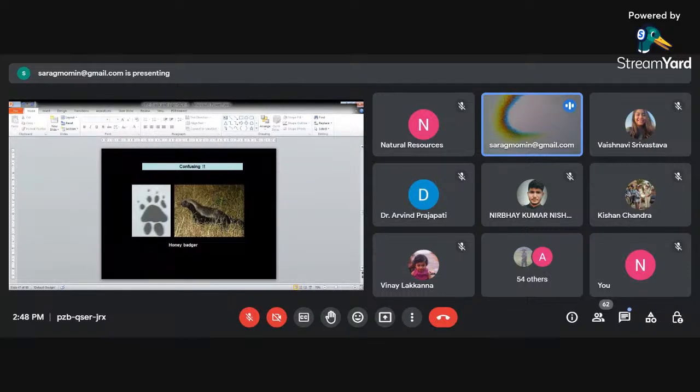Actually, this does not belong to tiger, leopard or the cat group. This belongs to the honey badger. You will find this peculiar type of paw mark which belongs to the honey badger.